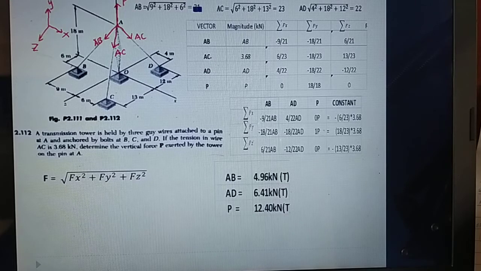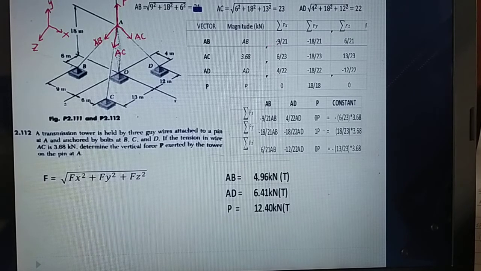Okay, so for explanation purposes, I tabulate the vector AB, vector AC, AD, and P. So for vector AC, we have the magnitude, and the magnitude of AB, we stand it for slant AB, AD, and vector P. So 3.68 for vector AC. So this is the unit vector along the x-axis and along the y-axis, this column, and this column the z-axis.